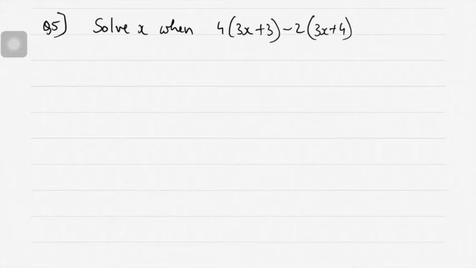Solve x when 4 into 3x plus 3 minus 2 into 3x plus 4 is equal to 8 into x minus 3 minus 2.